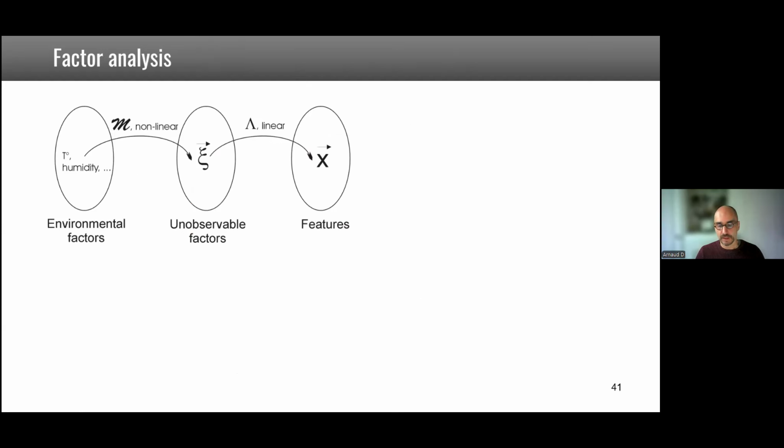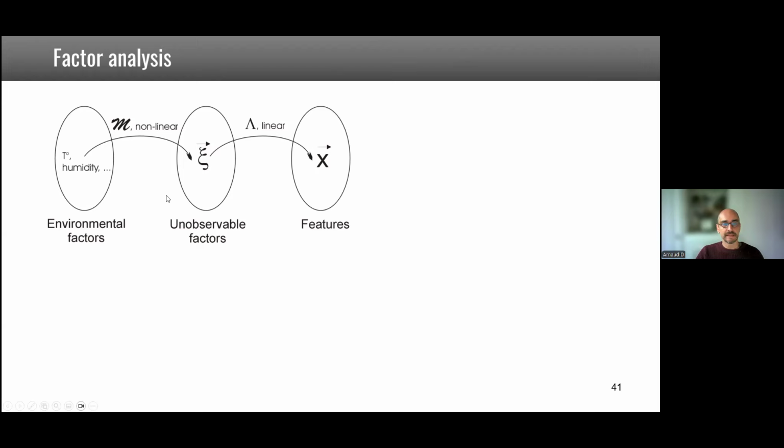Okay. Now, there is another method in linear analysis that is called factor analysis, and I will show you that this is very close to that too, but it brings another very interesting perspective. So in factor analysis, what you say is the following. You say that there are some factors that are affecting my data, and I don't know them, I don't measure them.